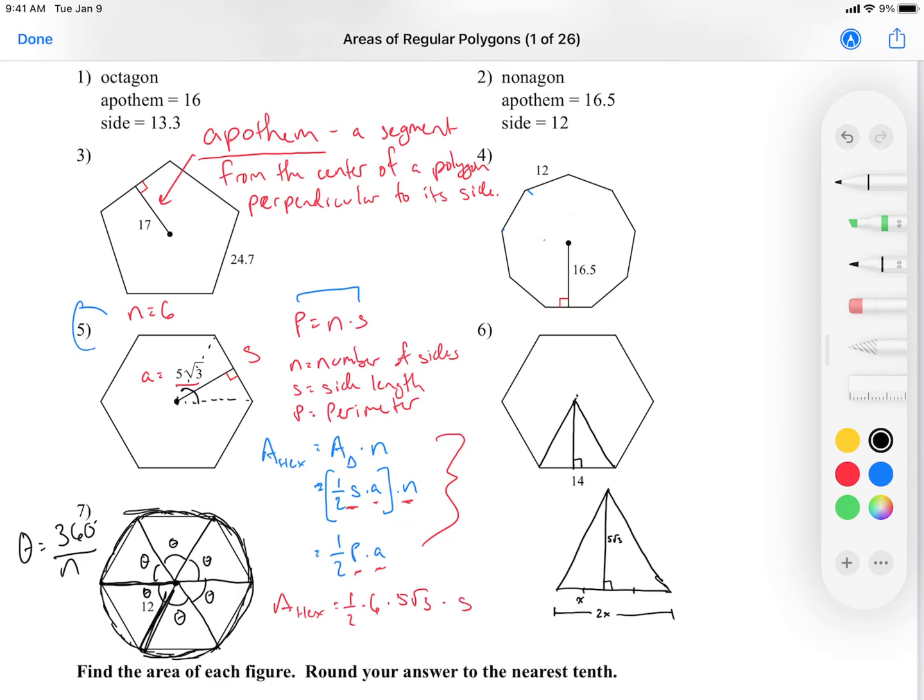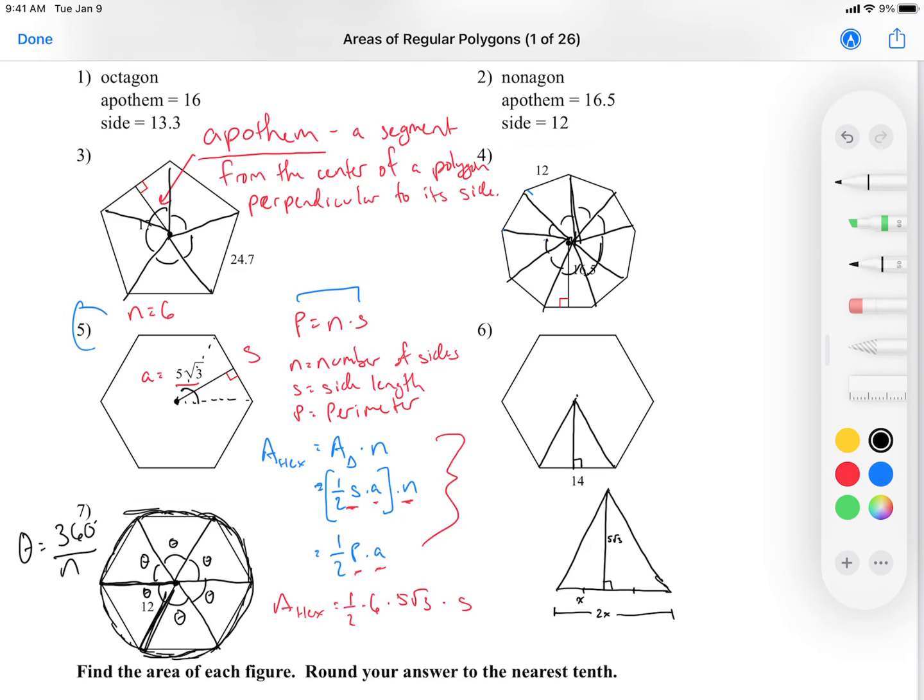But if we look at our nonagon, we see that there's 1, 2, 3, 4, 5, 6, 7, 8, 9. If we look at our pentagon, we see there's only 1, 2, 3, 4, 5.